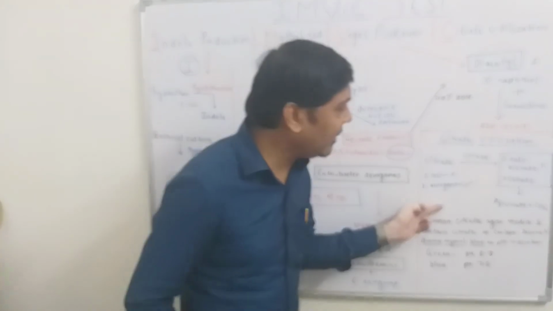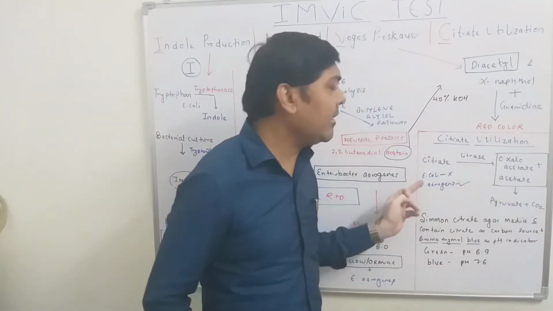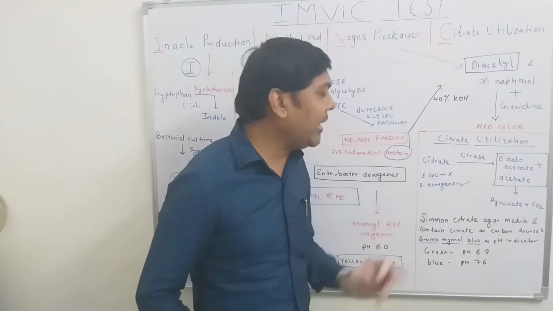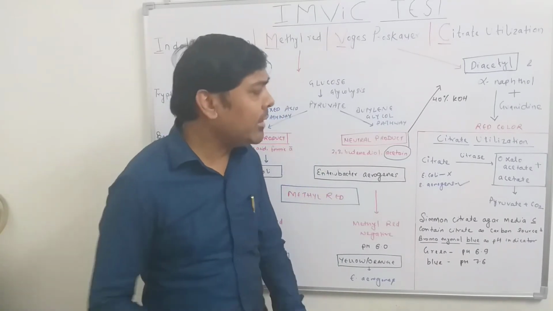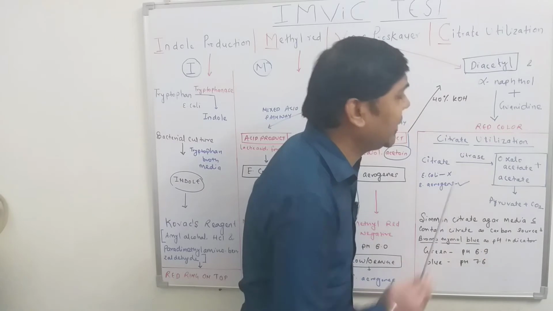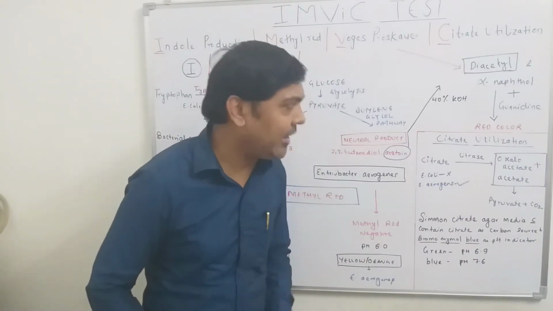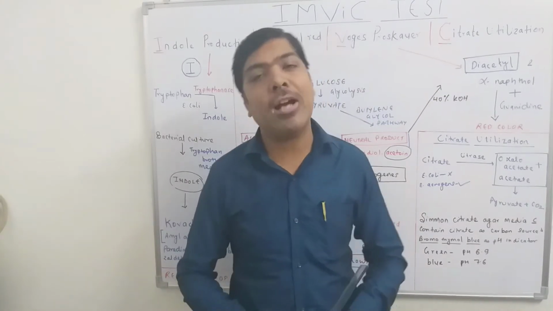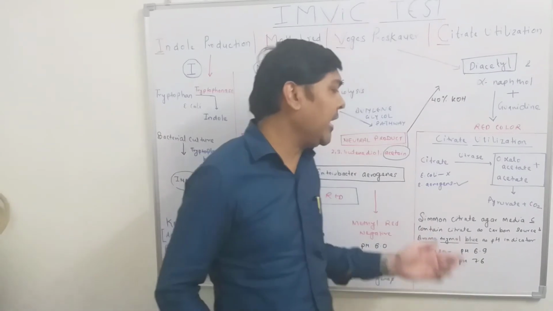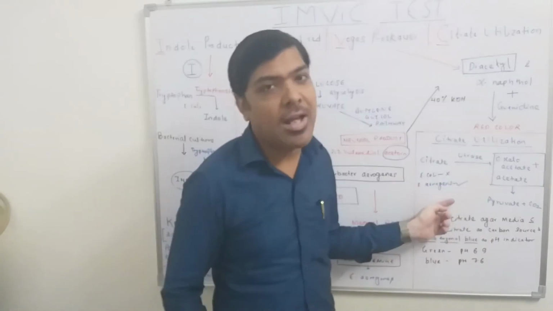So what is happening here? The citrase enzyme cannot be produced by E. coli, but it can be produced by Enterobacter aerogenes. This means the conversion of citrate into oxaloacetate and acetate, and further of oxaloacetate to pyruvate and carbon dioxide, can only take place in the case of Enterobacter aerogenes.